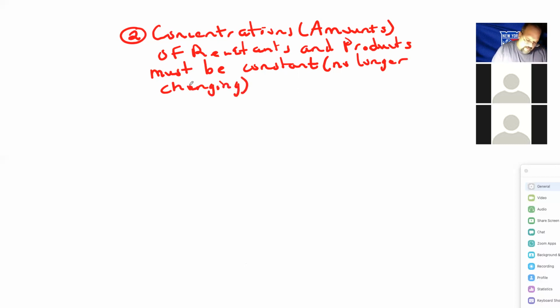Now, the amount of reactant and the amount of product doesn't have to be the same. In fact, if you have multiple products, their amounts could be different. Whatever the amounts are for each of them, they have to be no longer changing. They have to be constant. If these two conditions are met, then you are truly at equilibrium.